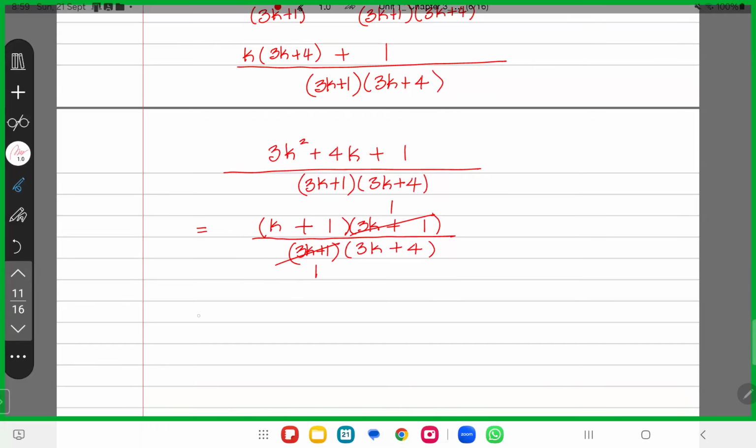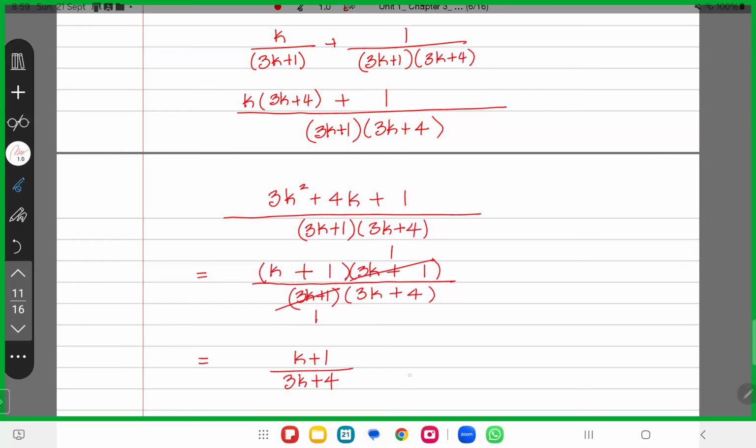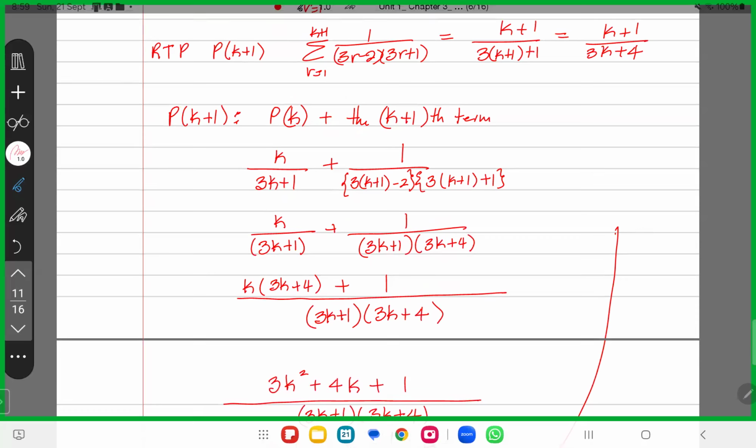When I cancel them, I'm left with what? k plus 1 over 3k plus 4. This can't be simplified any further, so now let me check if this looks like what I have over here. And you can see it's the same thing. I just got the left side to become the right side.